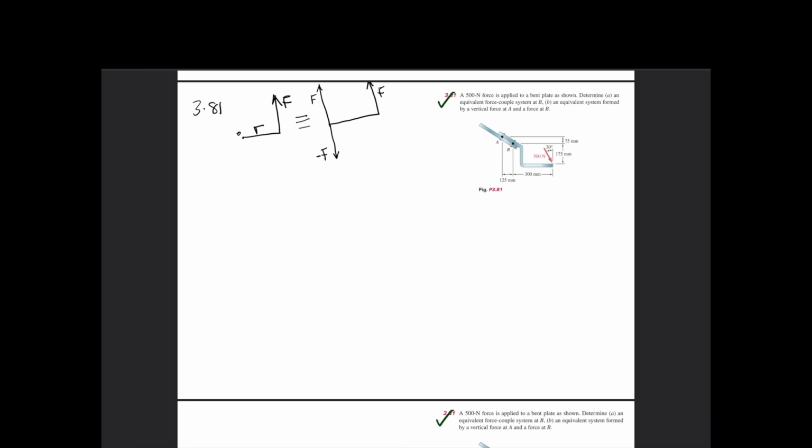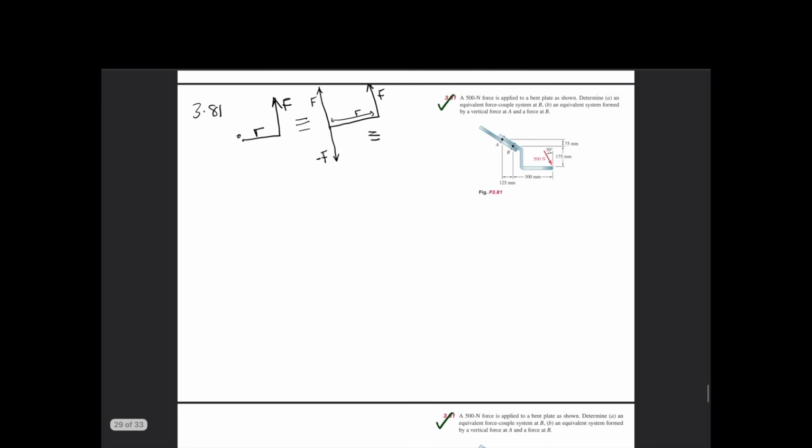So now, if we notice something, we can see that this initial F here and this negative F here form a couple, right? So because we have F here and negative F here, and there's r, the distance between them, you can simply represent this again with this.